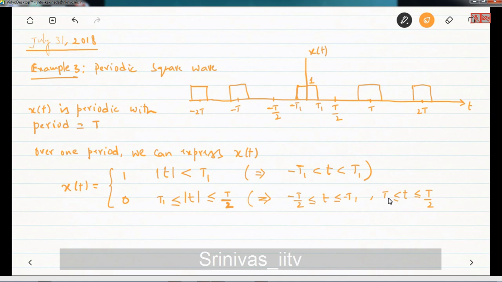So whenever I say this modulus, it means these two things. If you simply apply what modulus of t is, you will get these two things.